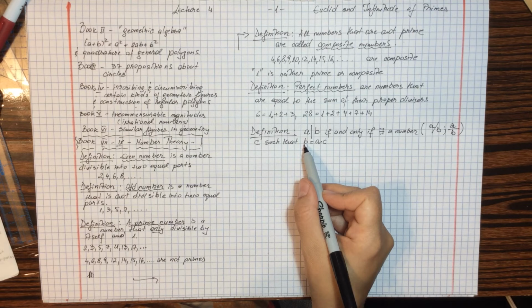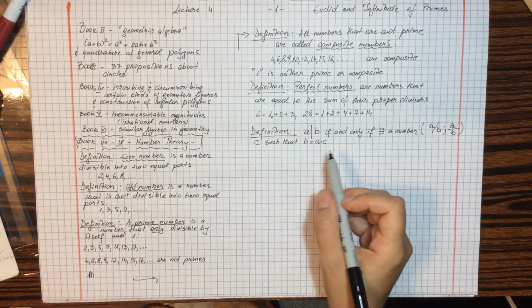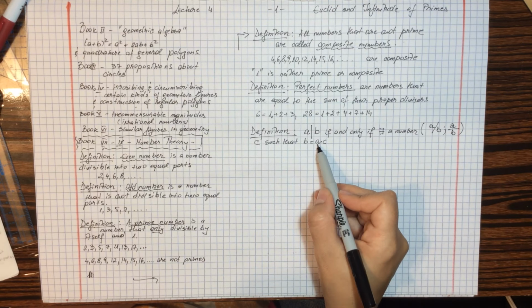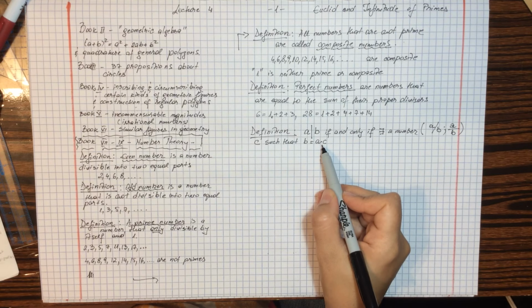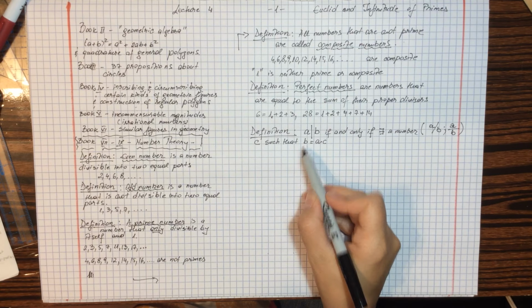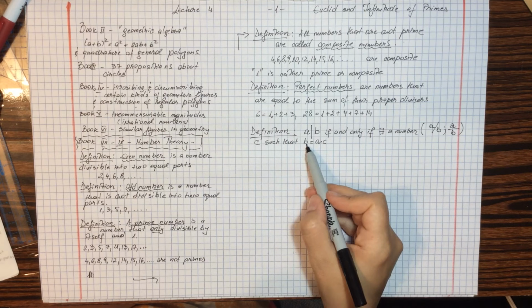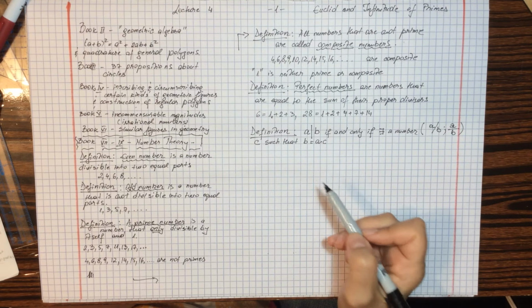A and C are called factors of B, and B is called the product of A and C.